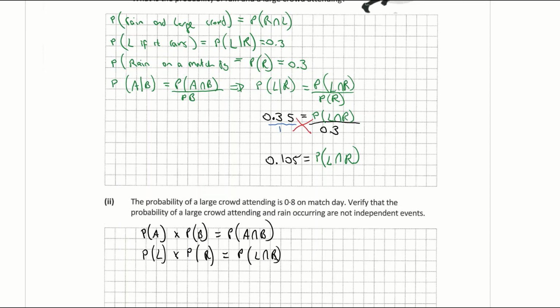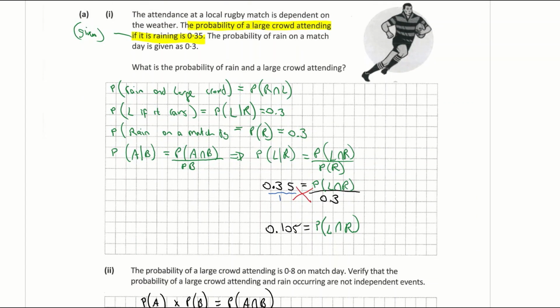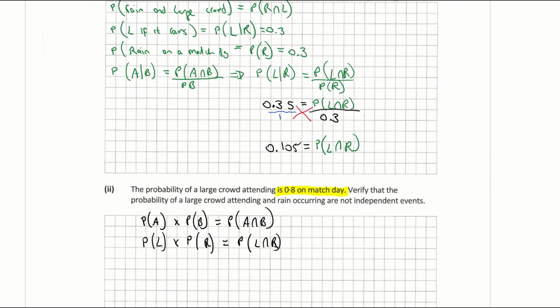So if we fill in what we know from the question up above, we know the probability of a large crowd is 0.8, which comes from here actually, 0.8 on a match day. So we have 0.8 multiplied by the probability of rain, and we have that from the very top of the question where it says the probability of rain on a match day is 0.3, and we want that equal to 0.105, and that's what we found up above in part 1.